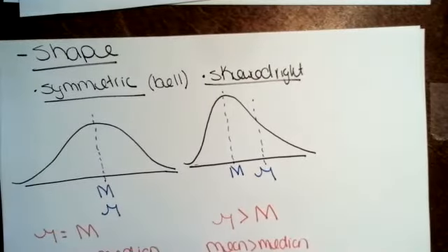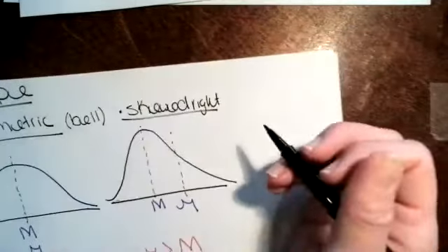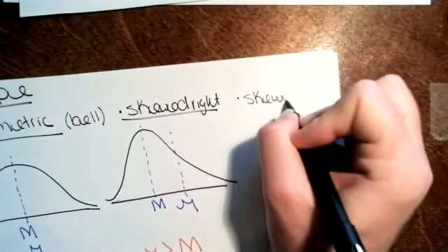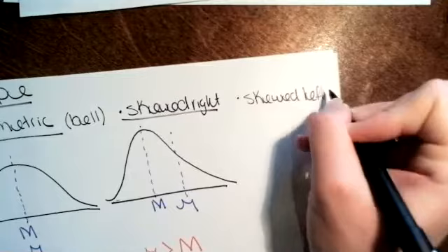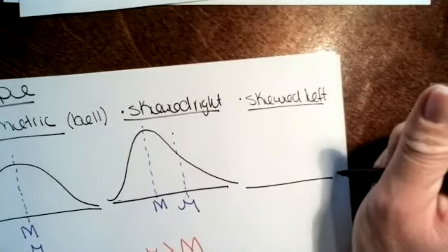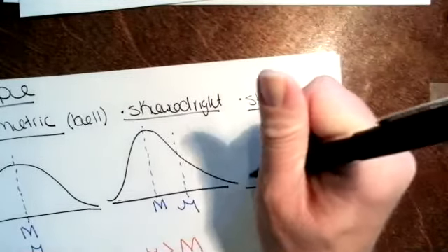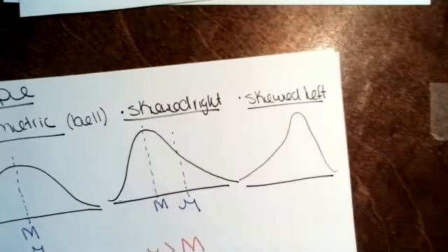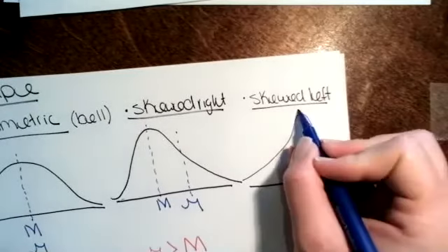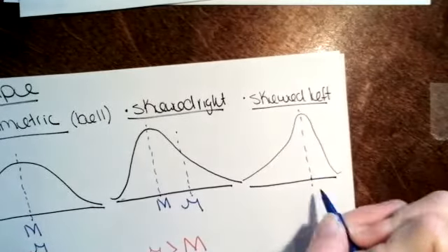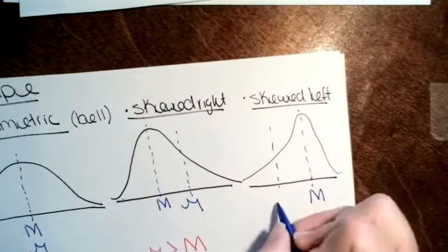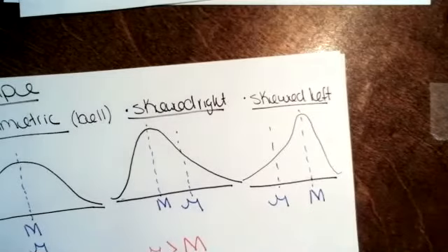And we have just the opposite for our skewed left. I want to squeeze it in here. I'm awful at drawing skewed left, to be honest. In my attempt to draw a skewed left, my median is in the middle of my data set, but then my mean gets pulled down.